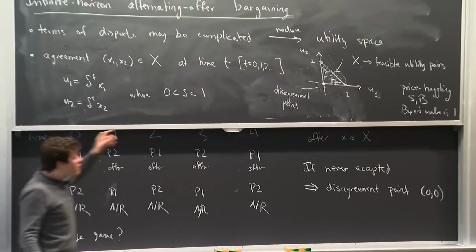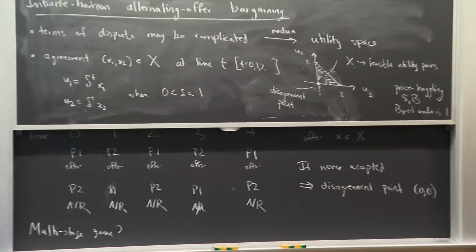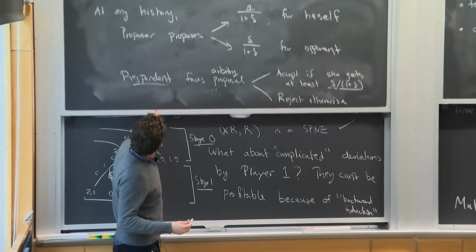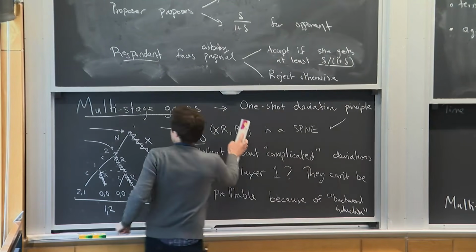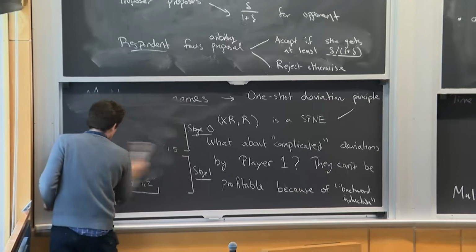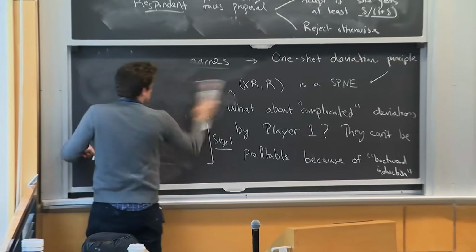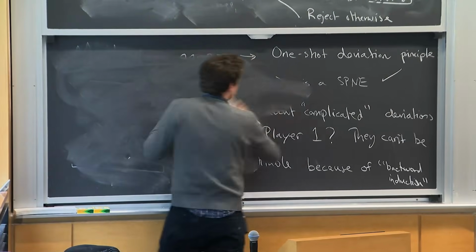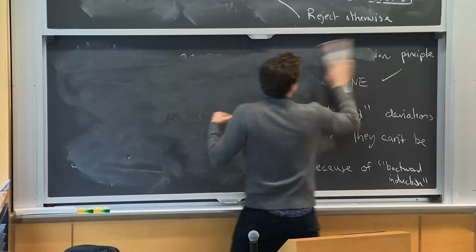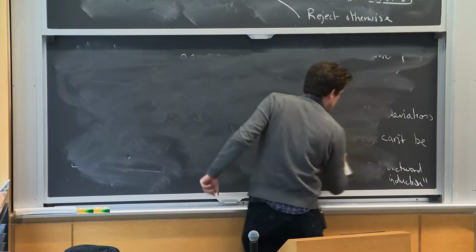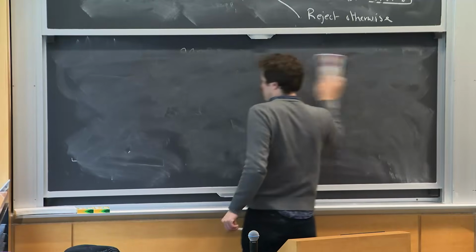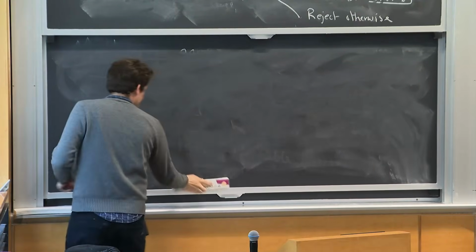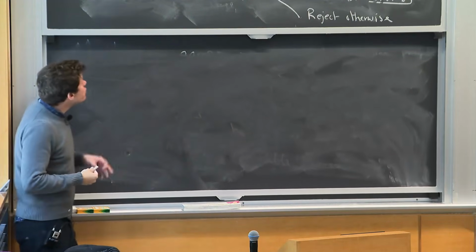OK, so now we want to verify that this is a subgame perfect Nash equilibrium. So what do we need to do?